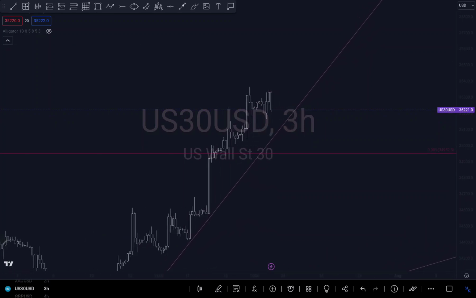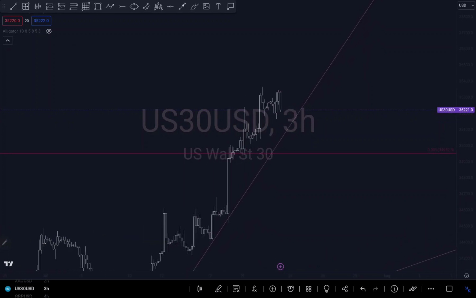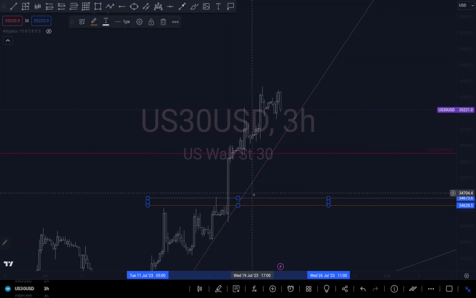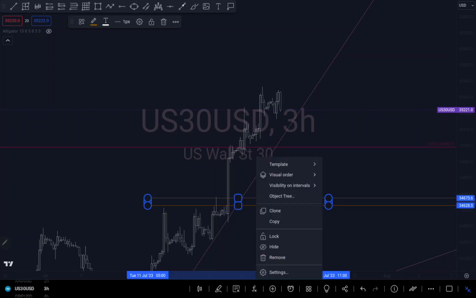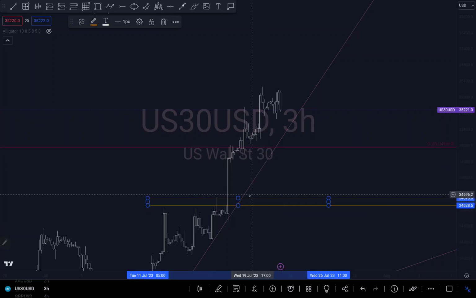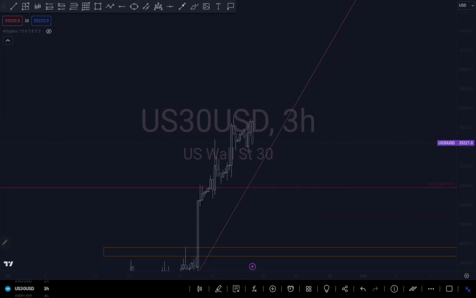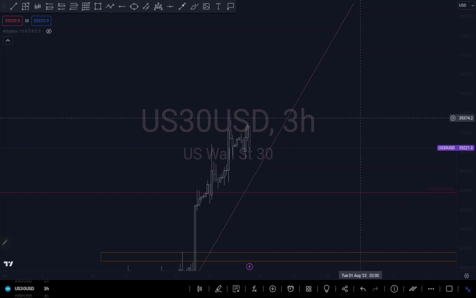You can see that we've been continuing to push to the upside. I can draw a zone here, because around this level there was a break of zone, and it hasn't retested the zone yet. That's a possibility I'm seeing around that area.